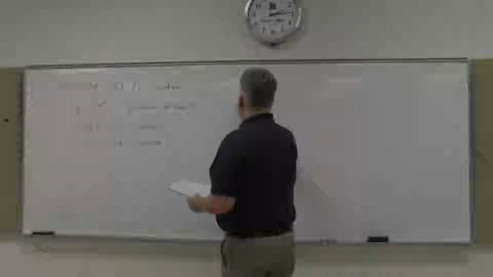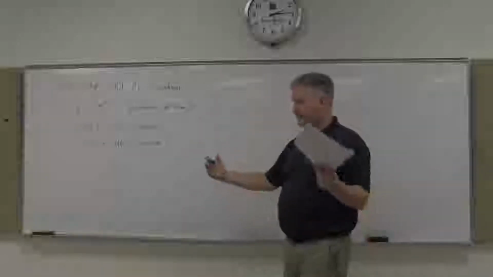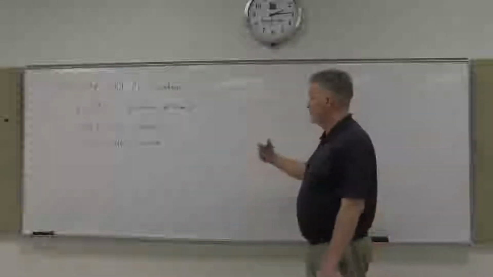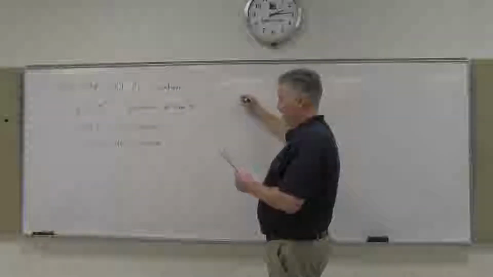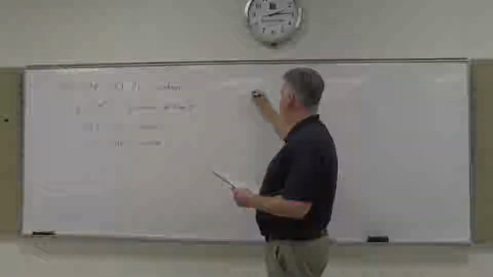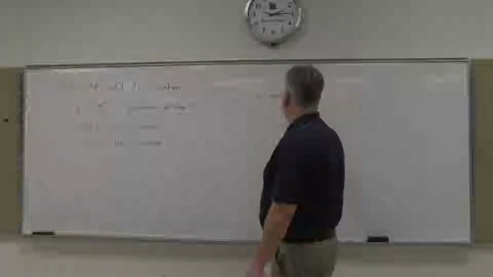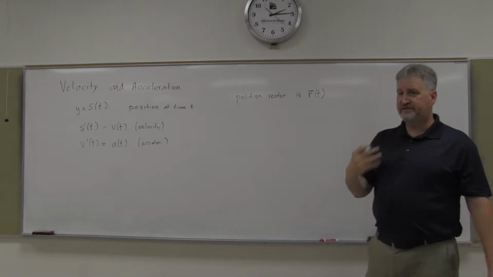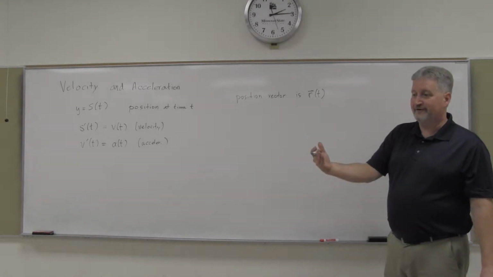So if I translate that over to vectors, if I have a particle moving about in space, it could be two-dimensional, three-dimensional, or even four dimensions, it doesn't matter. The position, if we say the position vector is r of t, so we can use a position vector to describe the position of a particle or an object.